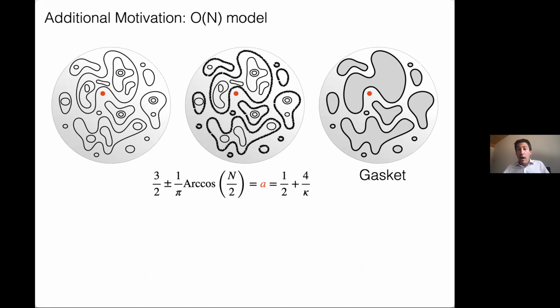Okay. An additional motivation to consider this model of gluing faces with large degree comes from statistical physics, from the O(n) model. What is believed is that when you have an O(n) model, you can consider its gasket. The gasket is: you have a point and you remove all the loops except the outermost ones.